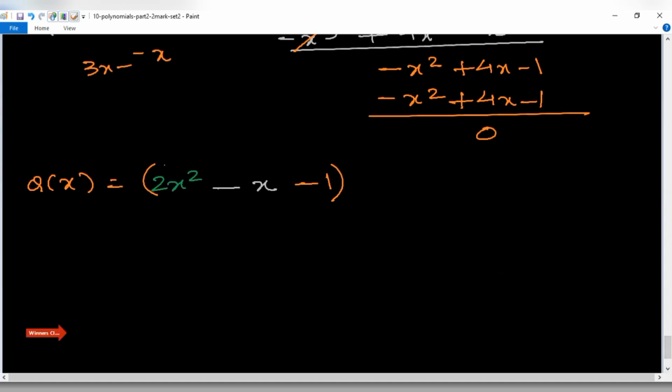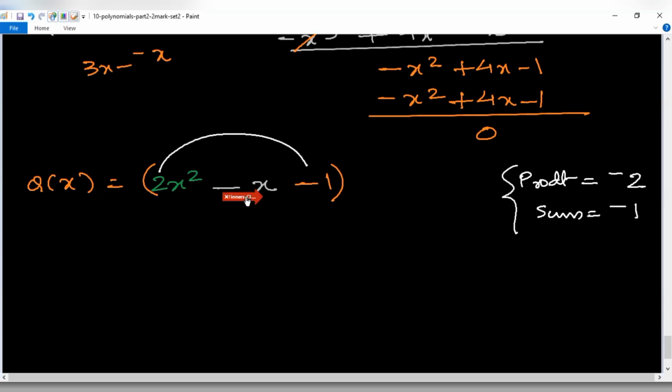Here we need the product of two numbers as minus 2 and the sum as minus 1, since the coefficient is negative 1. Product is negative means one is positive and the other is negative, and the bigger one is negative. So minus 2 and 1. When we multiply these two, we get the product minus 2, and when we add these two, we get the sum minus 1. So we can split the middle term with these two numbers.